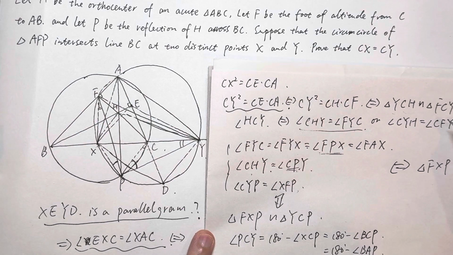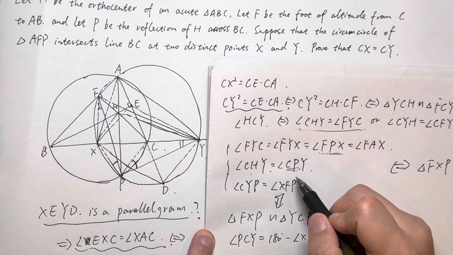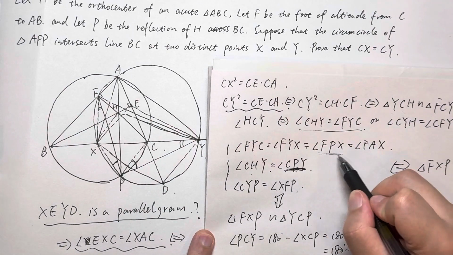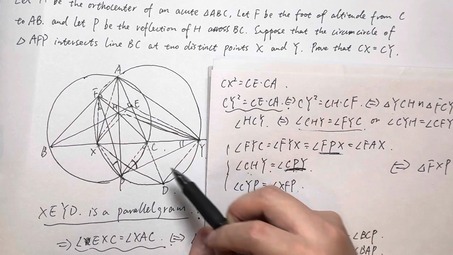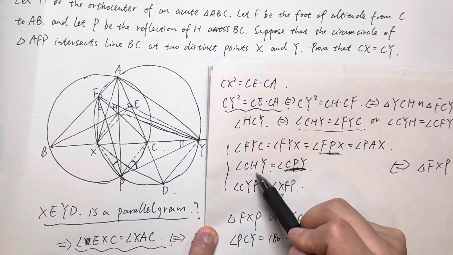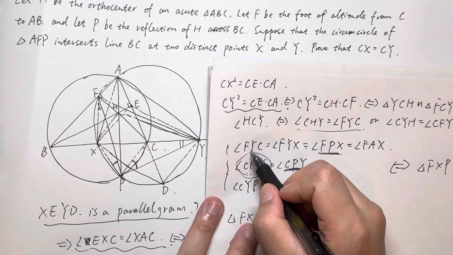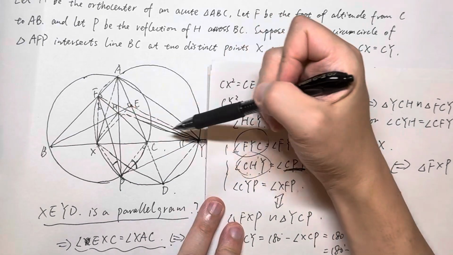We just proved CPY equals FPX, which means we proved angle CHY equals angle FYC.